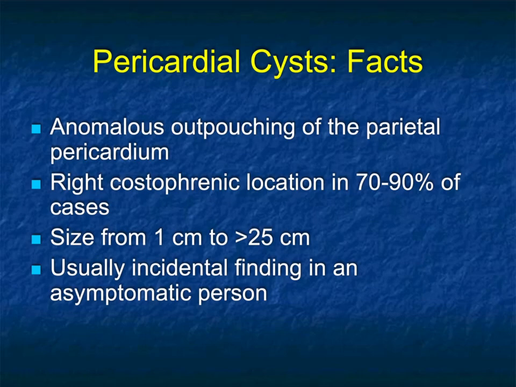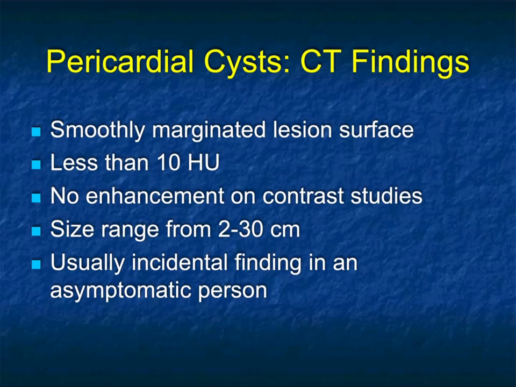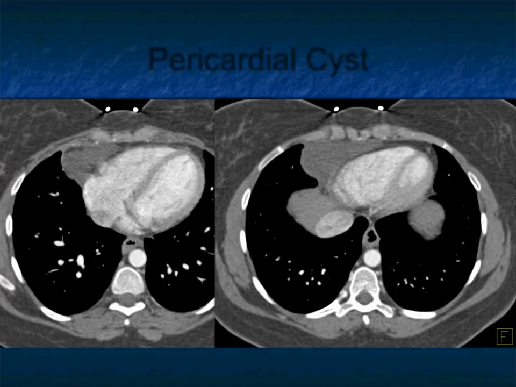Sometimes when they get real large, where they're positioned, you can't really distinguish between a pericardial cyst or a bronchogenic cyst. Usually you can, but sometimes it can be somewhat tricky. They usually have smooth margins, water density measuring under 10 Hounsfield units. They show no enhancement on contrast studies, and again, usually an asymptomatic finding.